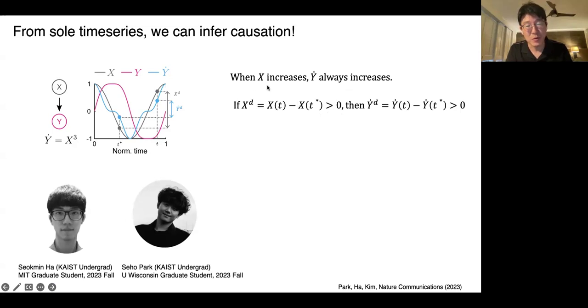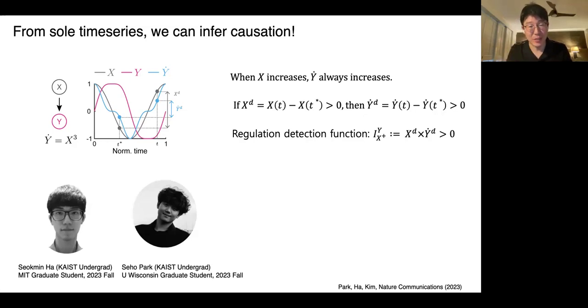Then due to this monotonic relationship, y dot t minus y dot t star should be positive as well. This is always true for any choice of t and t star satisfying this inequality. So for such a pair, if we multiply the x difference and the y dot difference, their product should always be positive.